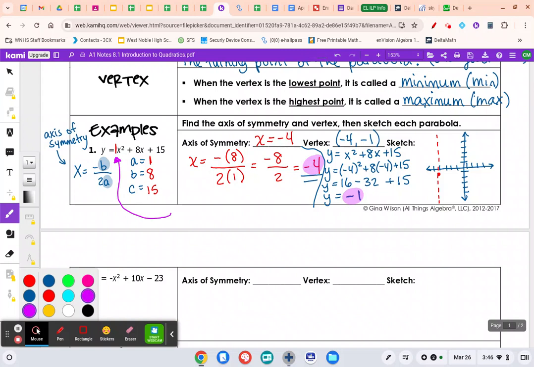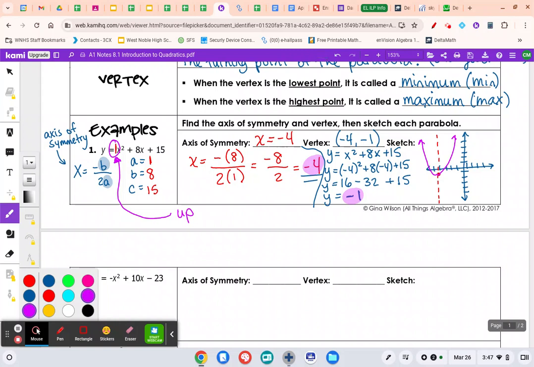This is a very intro lesson, okay? Now, remember, if it was positive, it opens up like a smile. Approximated, not perfect, opening up through its vertex around its axis of symmetry.